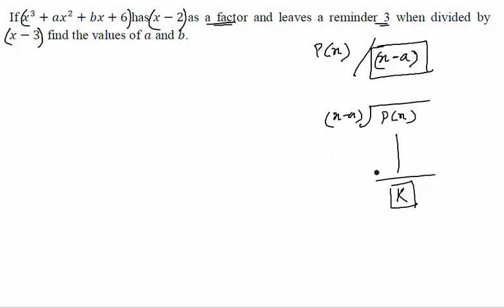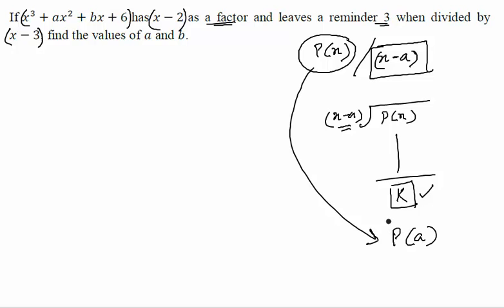Instead of this, the remainder theorem states that whatever this value of k is, we can directly achieve this value just by finding the value of this polynomial at x equal to a, right? Which means that I have to find something called p of a.